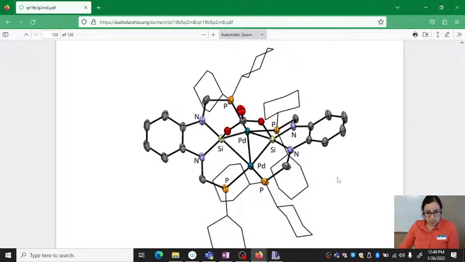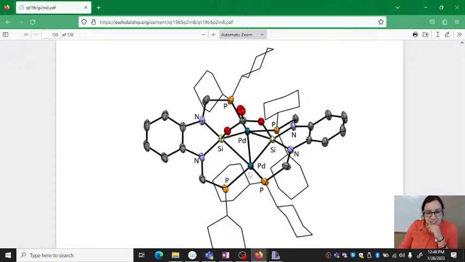So this, I think, was one of my coolest compounds, and it got the closest to saving the world. So the whole goal was to save the world by converting CO2 to methanol. That doesn't happen very nicely.